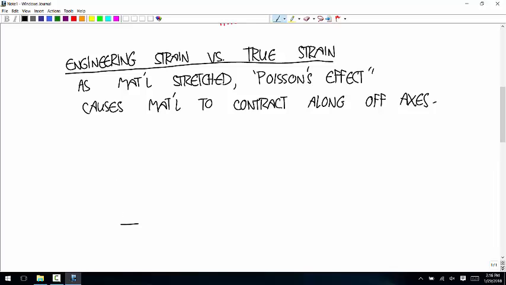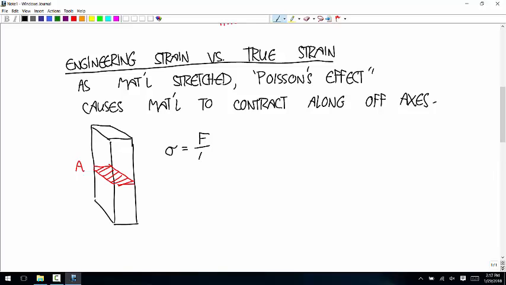So if it starts out like this, and this is the area A, the stress is equal to the force divided by that area A, right?